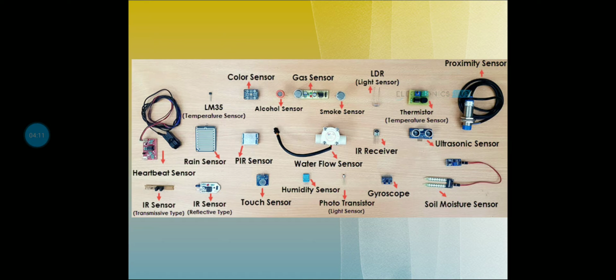You can see on screen in the diagram the images of the sensors, and how a sensor looks. At the right downmost corner you can see the soil moisture sensor that I showed in previous videos, color sensor, gas sensor, LDR light sensor, LM35 that is a temperature sensor, rain sensor, PIR sensor, water flow sensor, humidity sensor, heartbeat sensor.